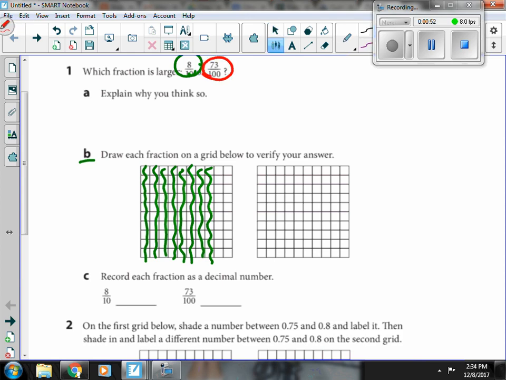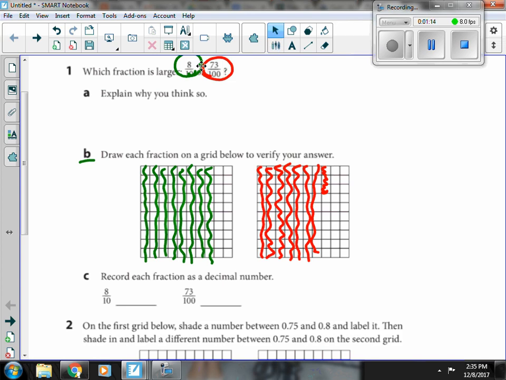That means 73 little squares need to be filled in. So there's 10, 20, 30, 40, 50, 60, 70, 71, 72, 73.